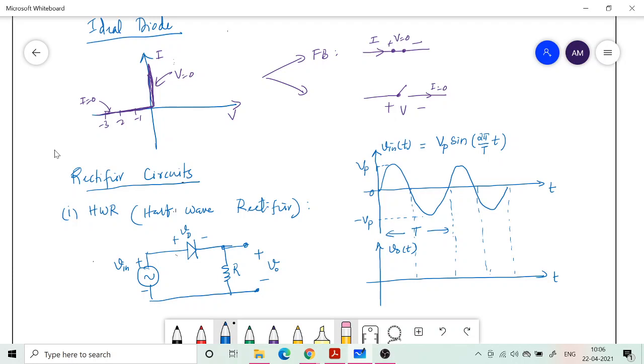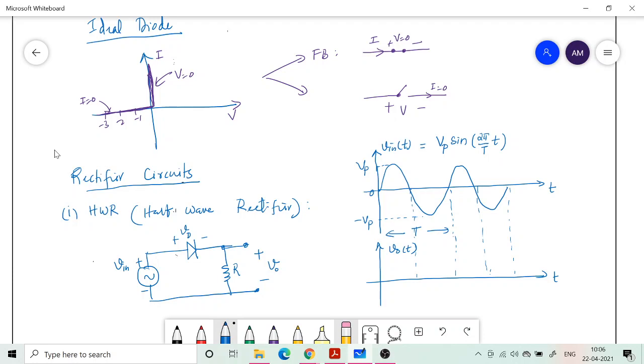Finding the output of a circuit is what we call analyzing the circuit. We are giving some input, there are some components in the circuit, and we need to find out what is going to be the output. The process of finding the output for a given circuit and a given input is called analysis of a circuit.